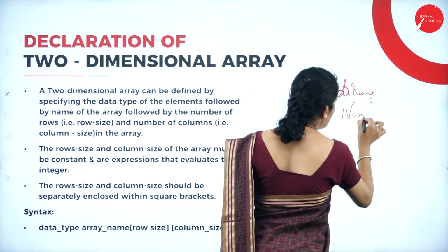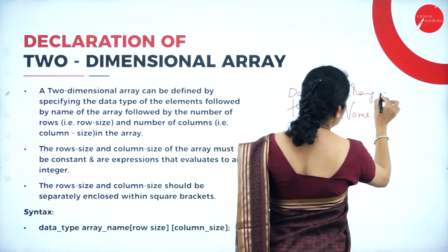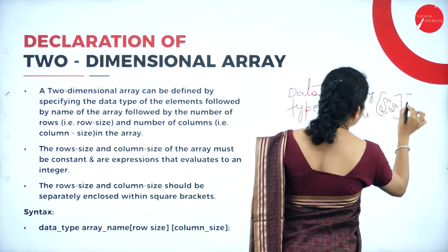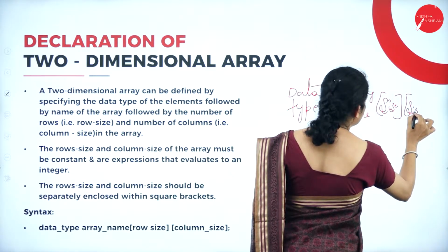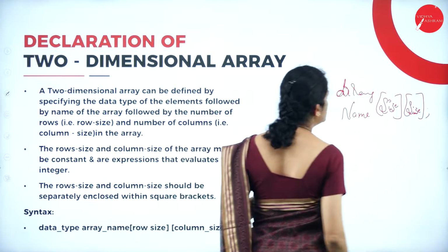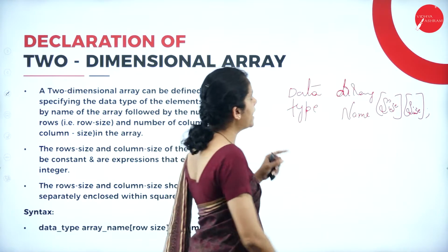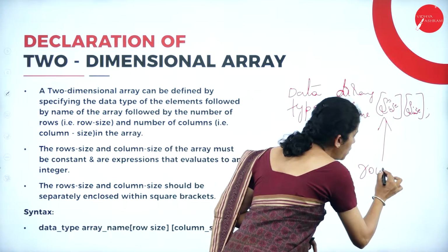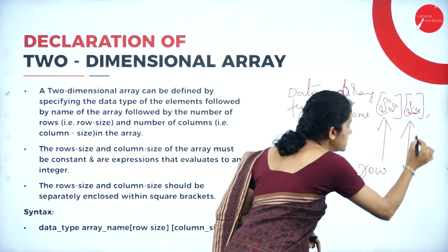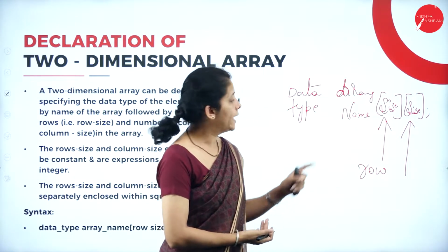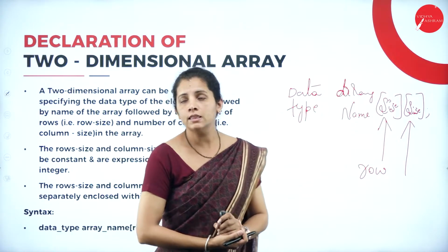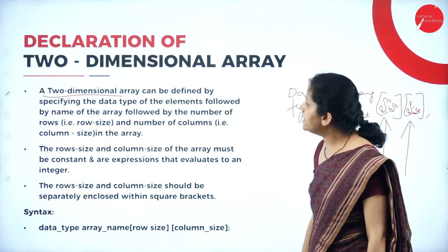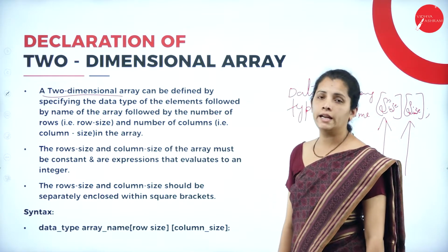Along with that, I want to specify the size. Please remember here that the first size is always the row and the second size is always going to indicate the column.